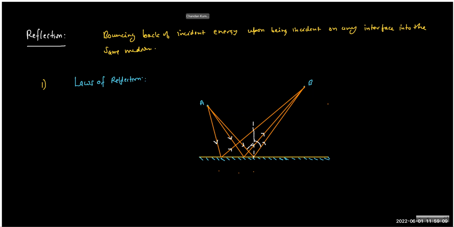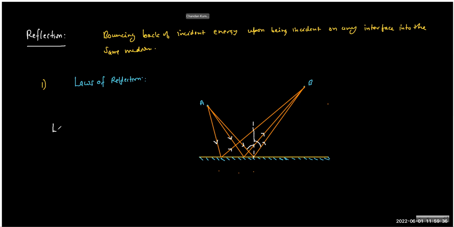And the answer is: the path in which the angle of reflection is equal to the angle of incidence with respect to the normal. No, that's not the answer. That is the consequence actually. The path it will choose is the path which offers the least time to go.